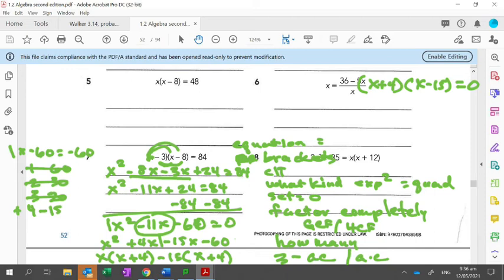Set each one of them equal to 0, which creates not one quadratic, but 2 linear equations, which I just solve by doing the opposite. The first one gives me x equals negative 4. The second one gives me x equals positive 15, because I would have subtracted 4 from both sides, and added 15. Those are my 2 solutions.